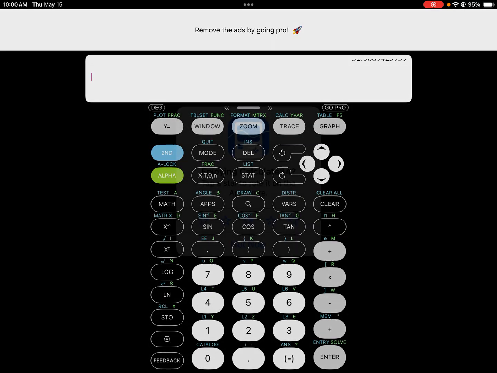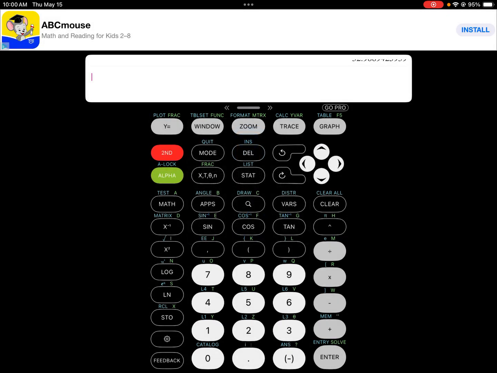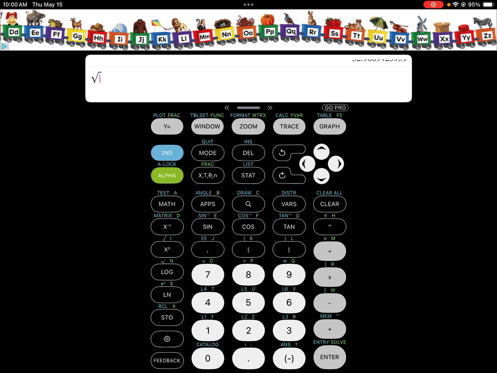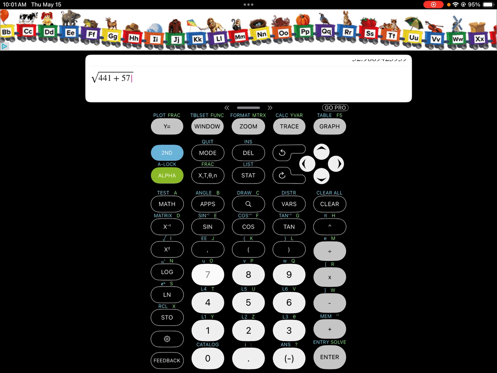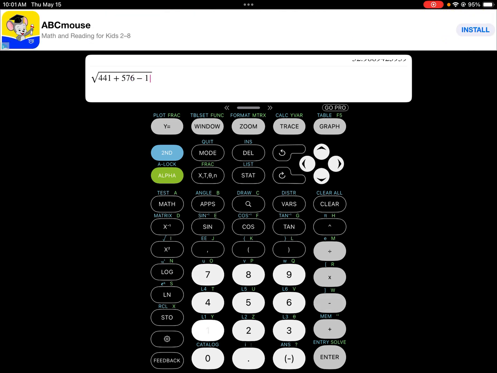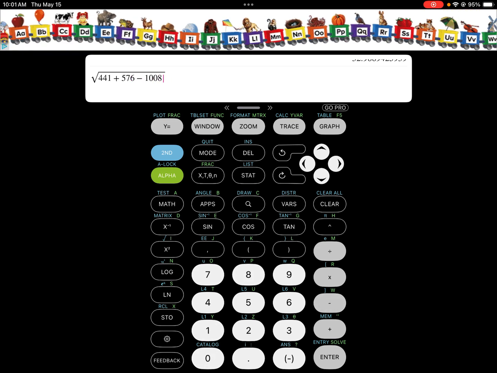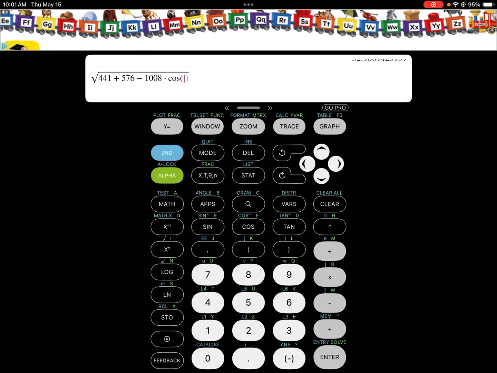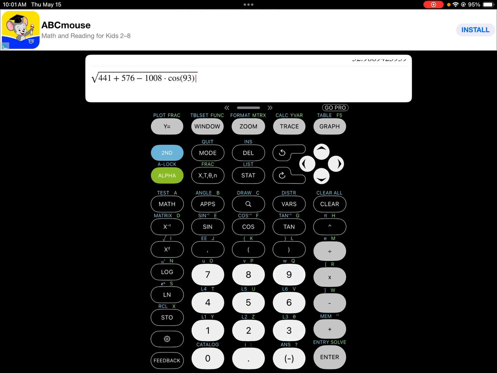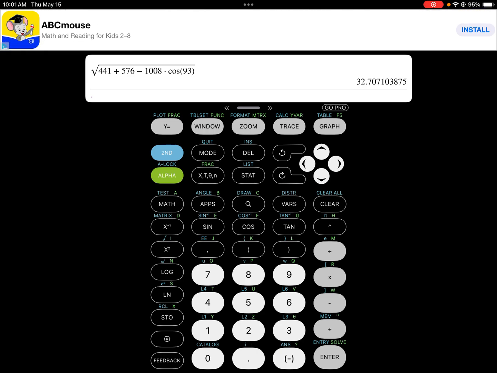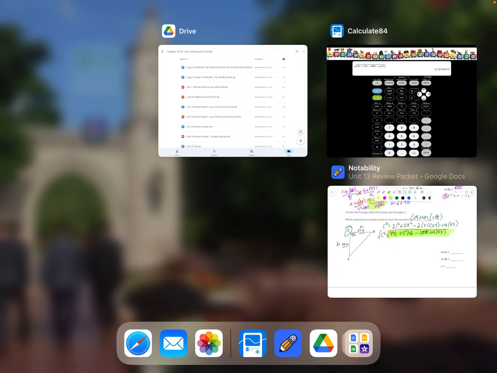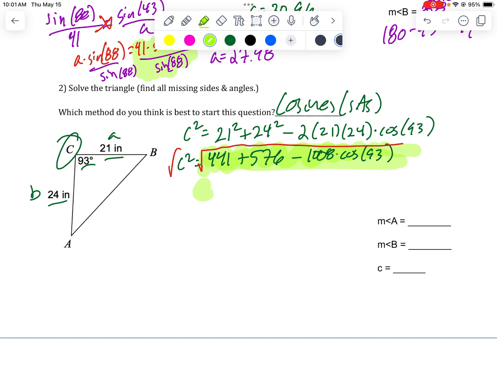So I'm going to go second square root, 441 plus 576 minus 1008 times cosine of 93. Close it. Press enter. And that's how I got my answer. That's where the 32.71 comes from.